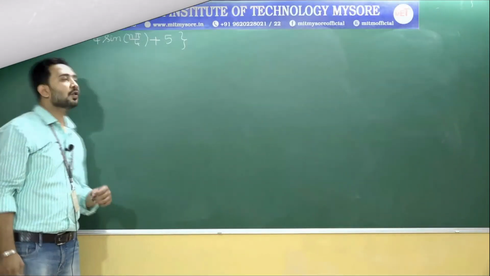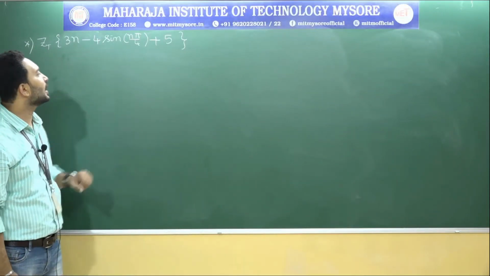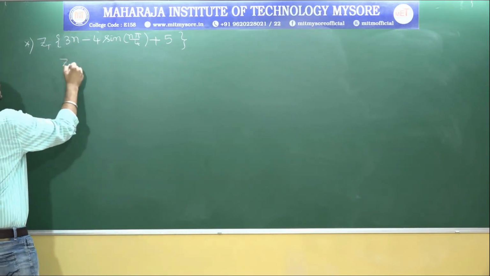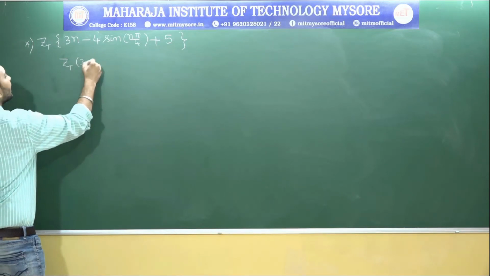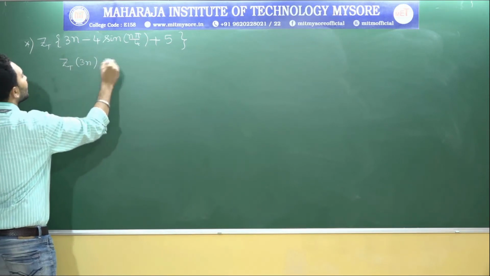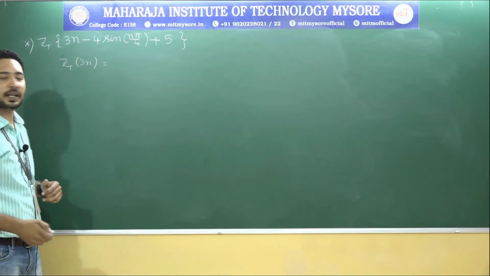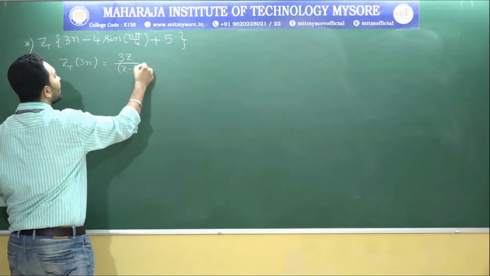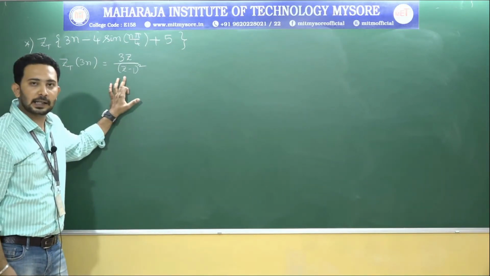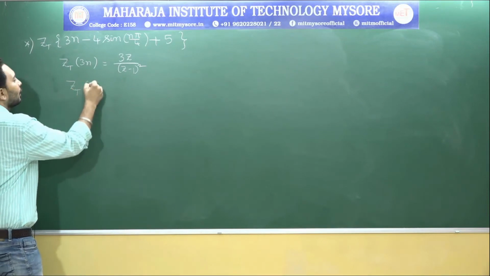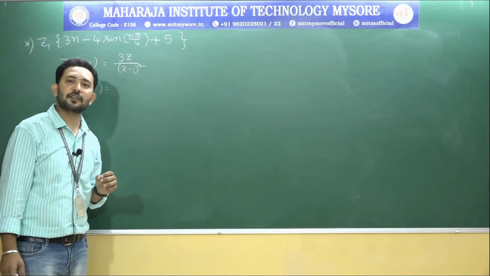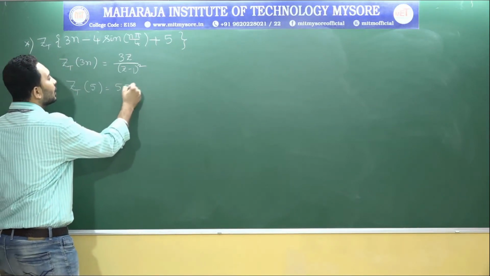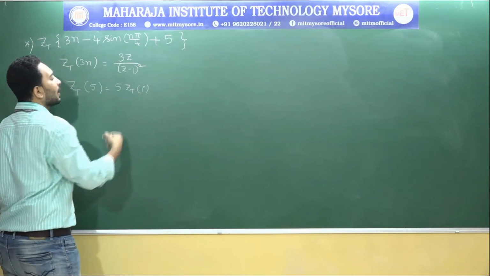Next one, the z transformation of 3n minus 4 into sine n pi by 4 plus 5. Here the z transformation of 3n means 3 into z divided by z minus 1 whole square. We can write directly. Z transformation of 5: here 5 is just a constant, so it is nothing but 5 into the z transformation of 1 power n.